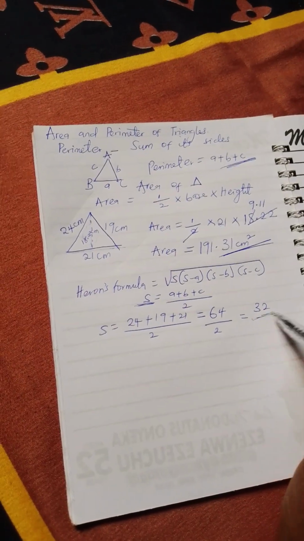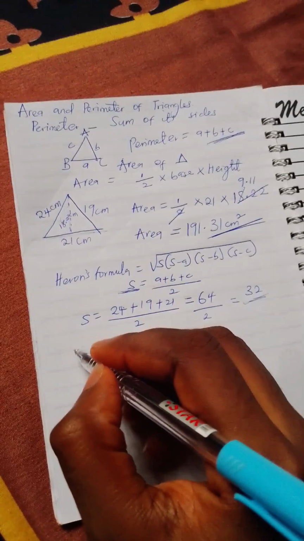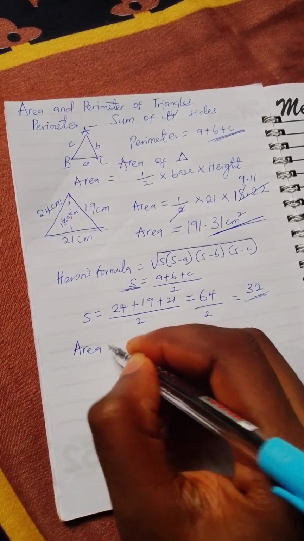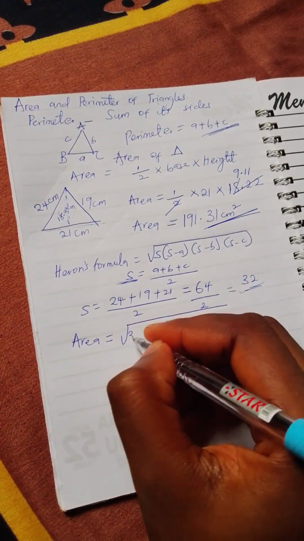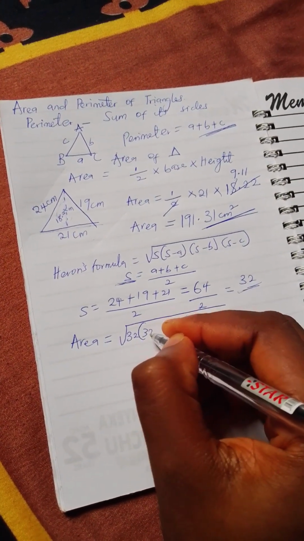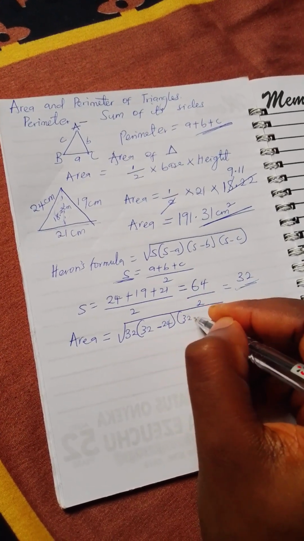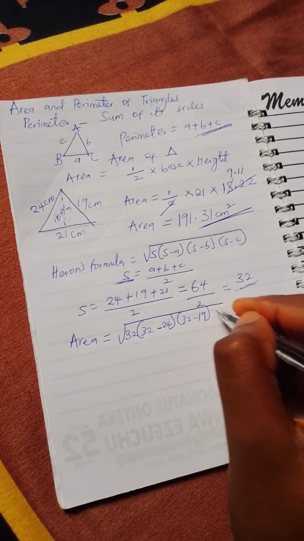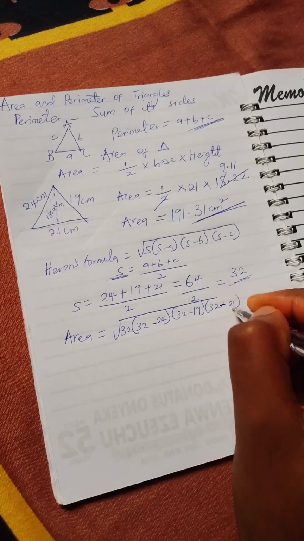Now you replace this with the corresponding sides that you have into this formula, and I'm going to be having that my area is equal to square root of s, which is 32, into 32 minus 24, into 32 minus 19, into 32 minus 21.